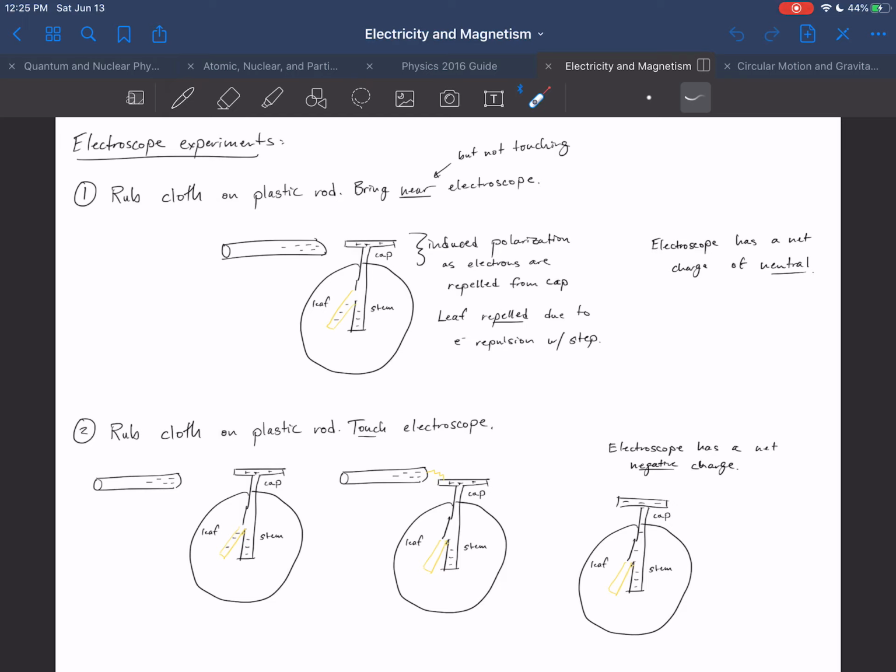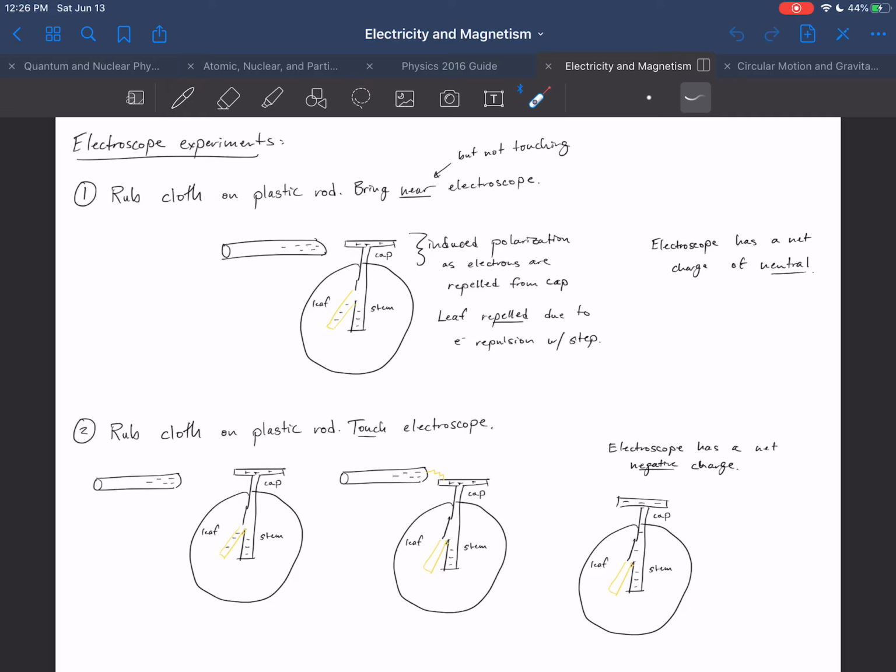So let's say you rub a cloth on a plastic rod and you bring it near this device. This electroscope contains a metal cap on the top, an insulated container, so an insulated container, insulated from the ground and the rest of the environment so that no charge can pass in or out.